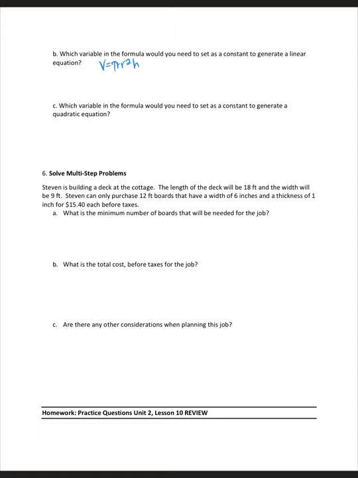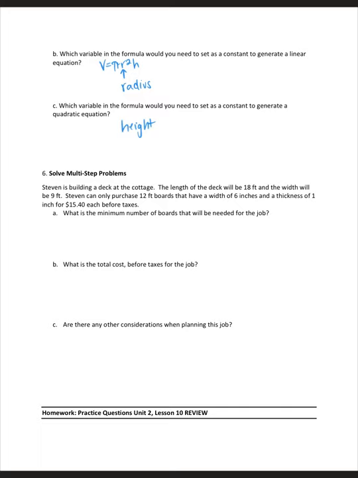When we substituted in for h, we ended up generating a quadratic equation. So if we wanted to generate a linear equation, we'd have to substitute in for radius, because we'd have to sub a number in there to get rid of that squared. If we wanted to generate a quadratic equation like it's asking in C, we need to set height to a constant. We need to plug some value in for height.